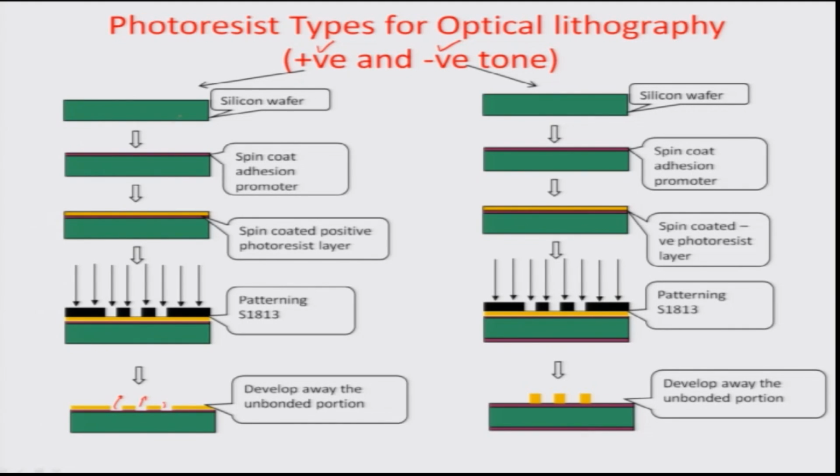So you can see here, for example, this is a silicon wafer coated with some kind of an adhesion promoter layer. Then you have a spin coated photoresist, which is visible as this yellow layer. There is a mask here, this black layer, with selective exposure at places which have an open window to the light beam falling on top of this mask, as a result of which there are some chemical changes induced in the zone where light is falling, for example in these particular zones.